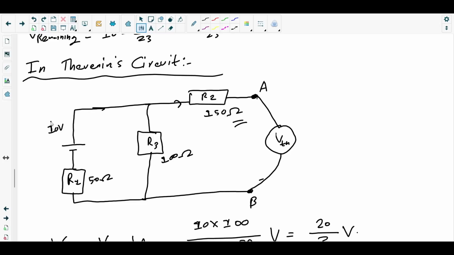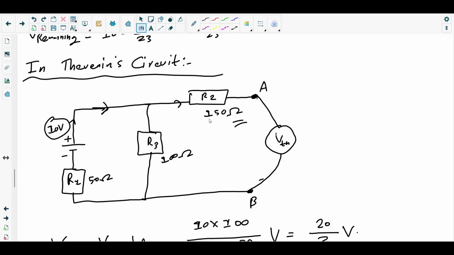And this EMF source has positive end that way, negative end that way. So current will flow from positive to the negative end, right? We have taken out the load resistor from the terminal AB, so keep it as it is.